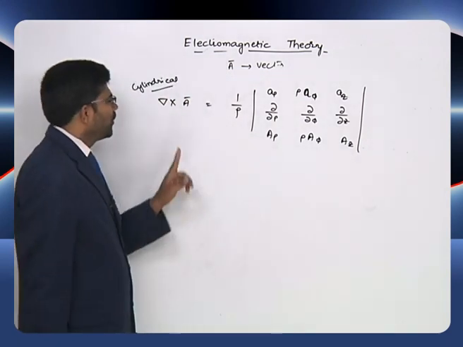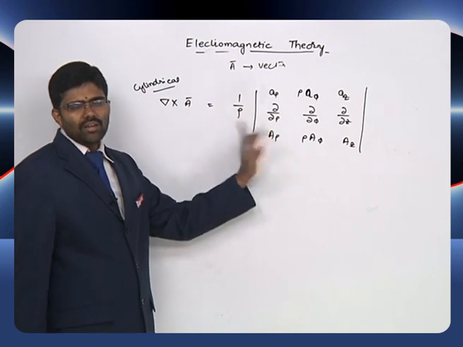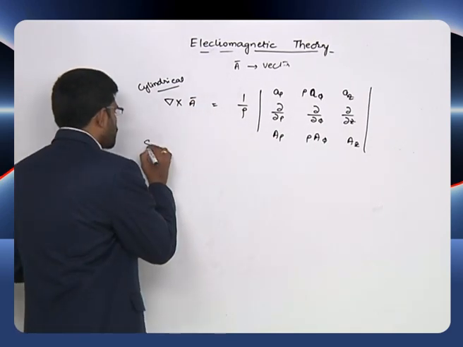So whenever we have a cylindrical coordinate system function, we have to use our cross product like this.